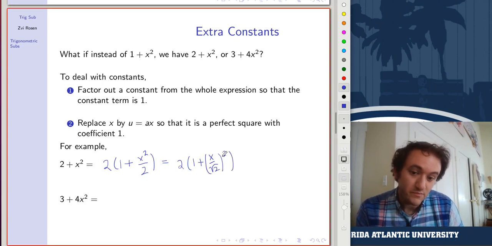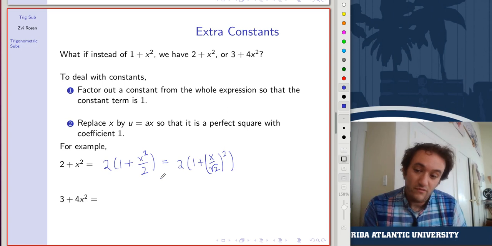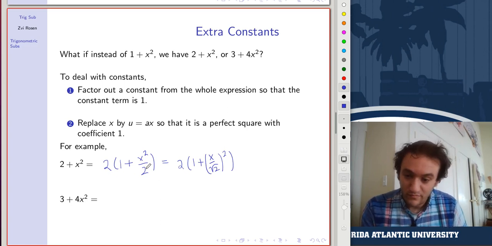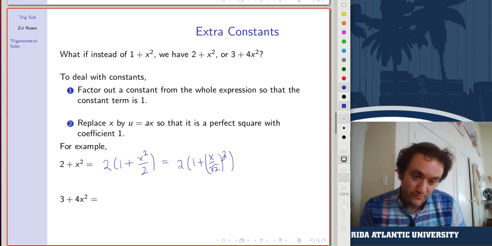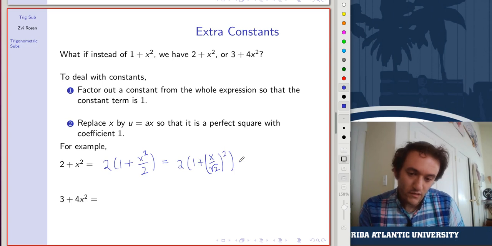Okay, and these are equal expressions. And now instead of having x squared multiplied by a constant besides 1, here we just have a different square. And so the substitution I would make here would be something like x over square root of 2 equals tangent theta.